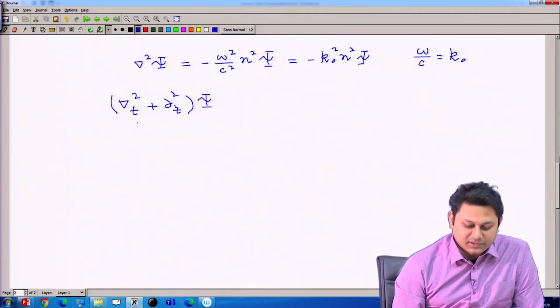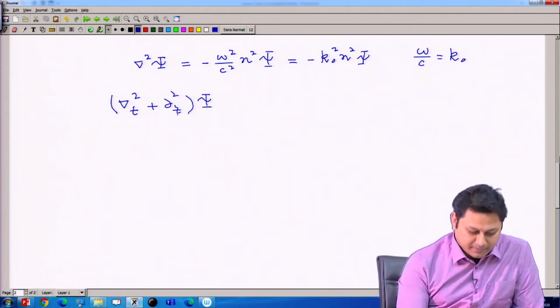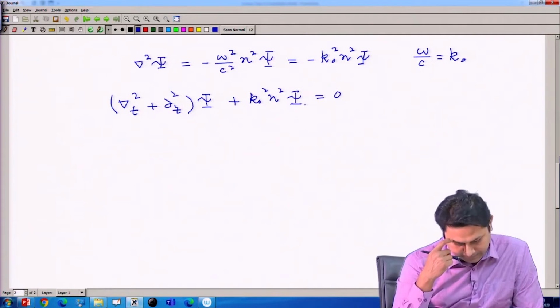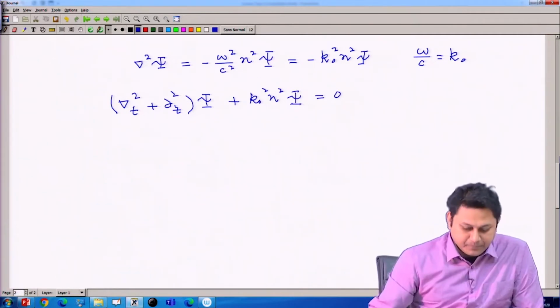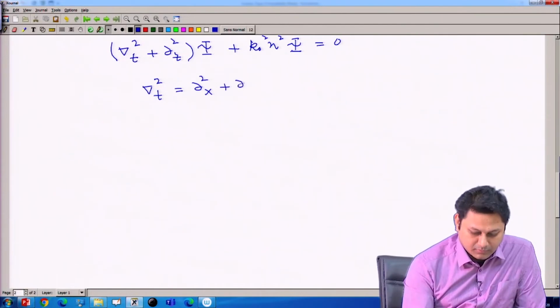One is the transverse component and another is the longitudinal one, that is along the propagation distance z, then plus k 0 square n square big psi is equal to 0. Note that this is the transverse component of this quantity.